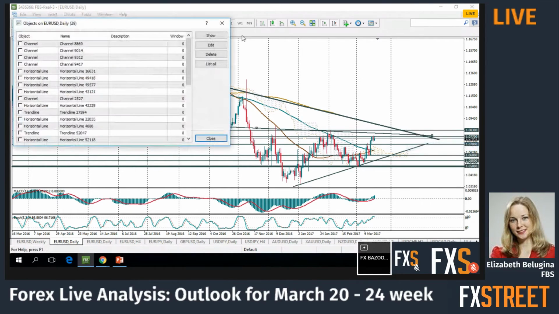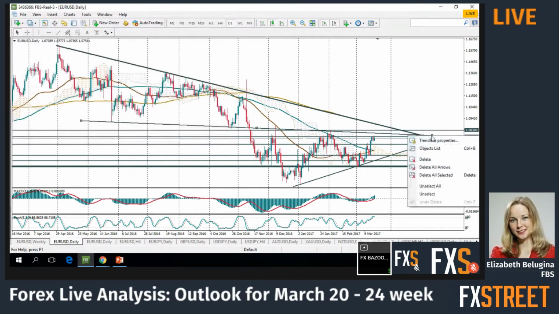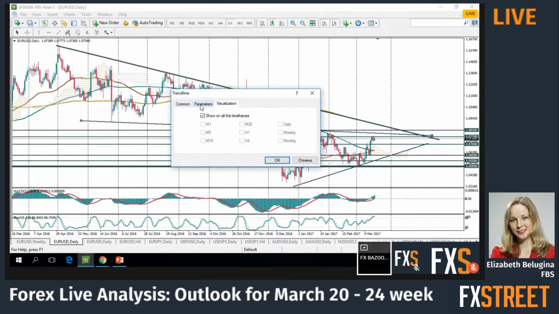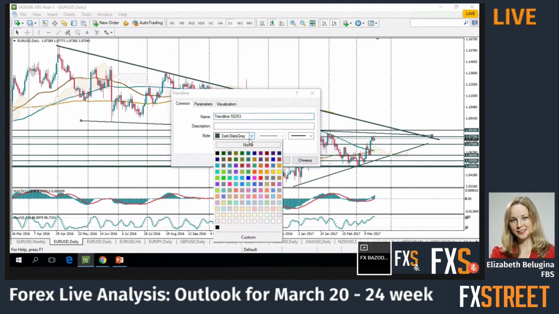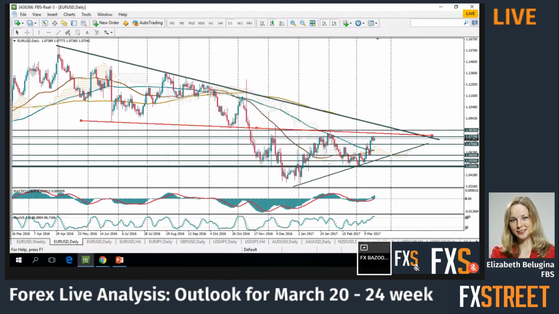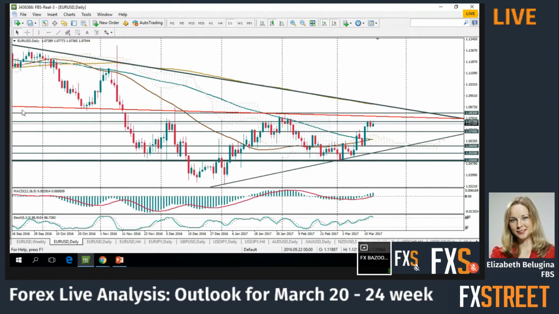Let me make it more visible and see more clearly. So this is the resistance line I'm talking about, and it is situated in the area of 108. So this is a resistance.